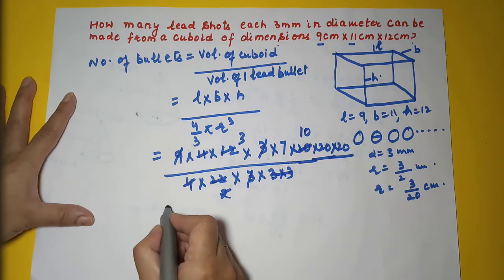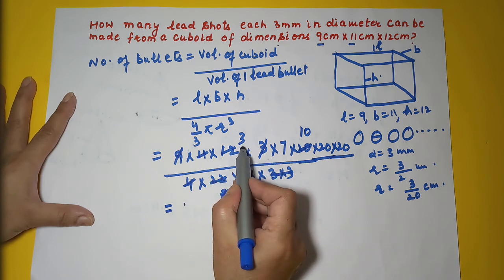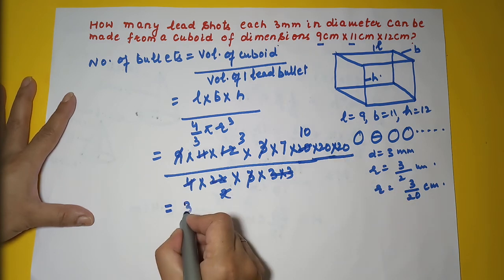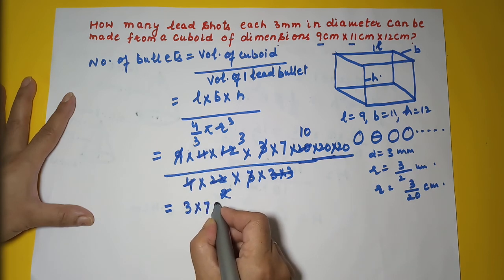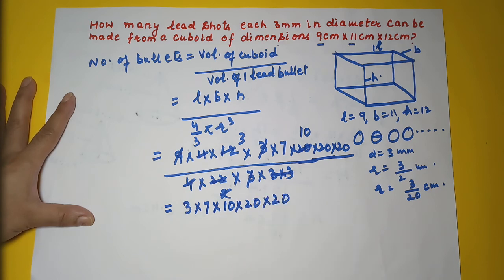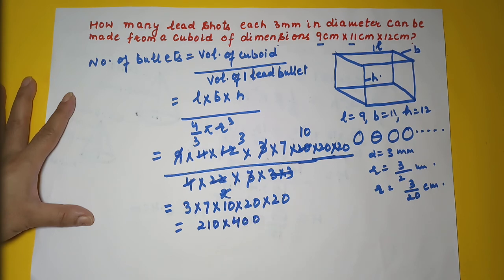So finally I have got 3 into 7 into 10 into 20 into 20. 3 7s are 21, this will become 210 into 400.